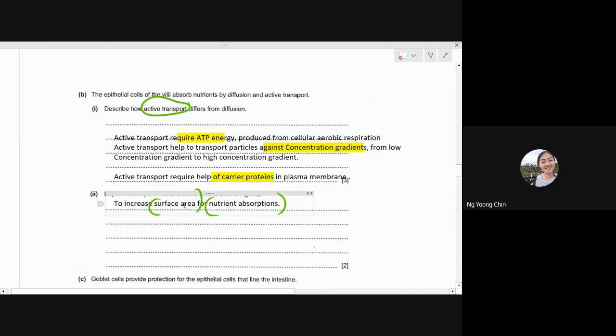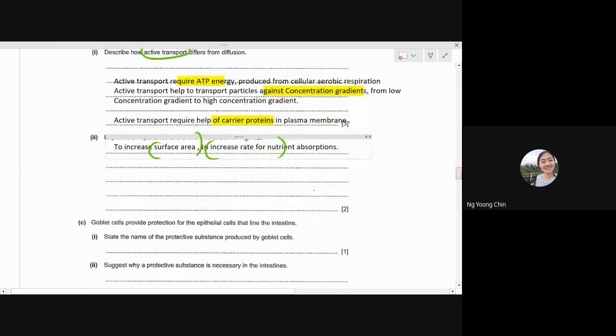Maybe you can write to increase surface area, so you are able to increase the rate of nutrient absorption. So 2 marks. Okay, so I think we'll stop here.